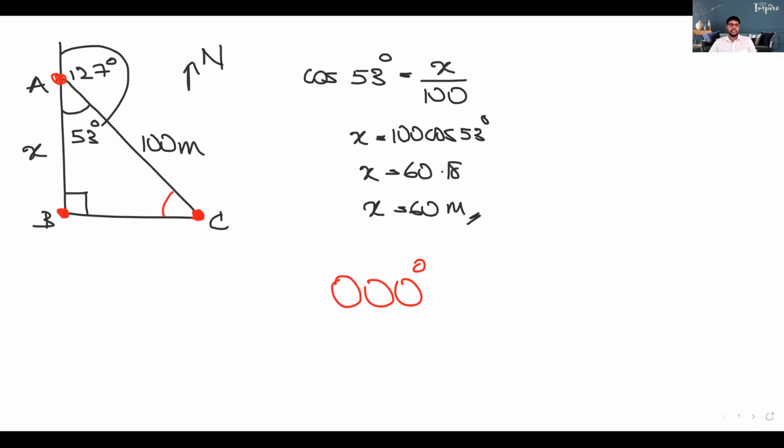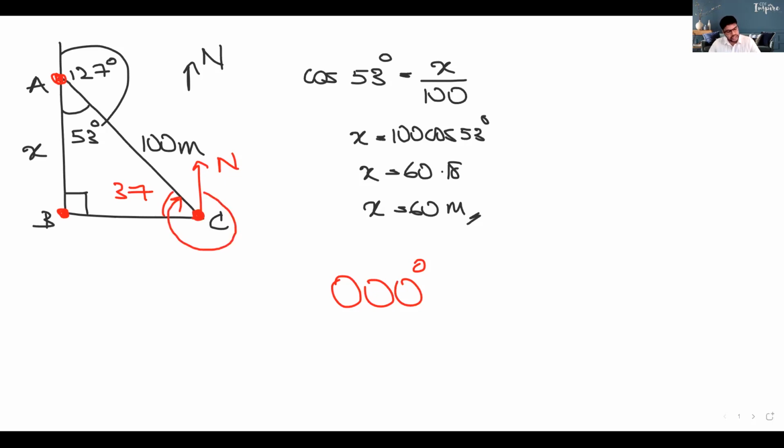So you can subtract and you will get, I believe, 37. So this angle will be 37, from angles in a triangle. Then this is the north. The angle we need is this one.